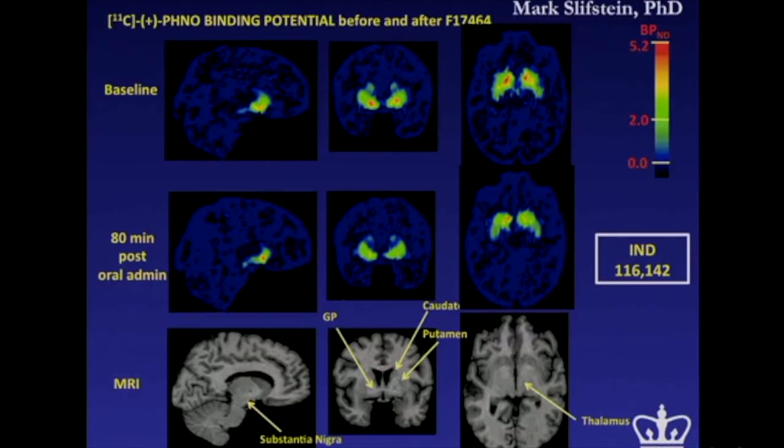When the patient was given a drug that specifically inhibited dopamine receptor subtype 3, the post-challenge image demonstrates that indeed the receptor occupancy by the tracer has been displaced by the drug.